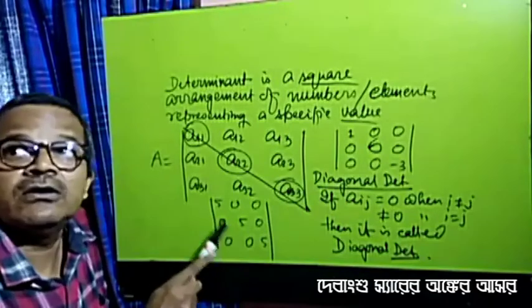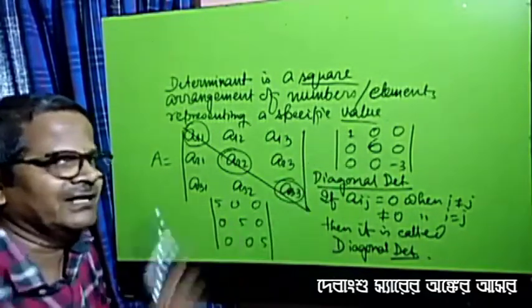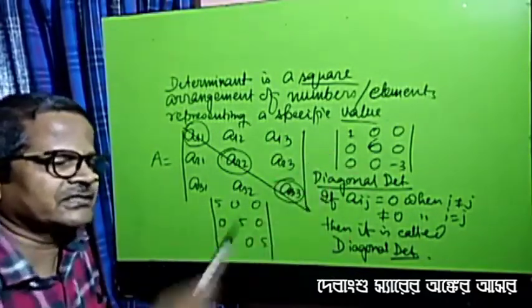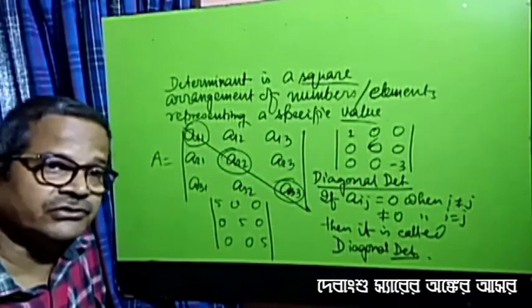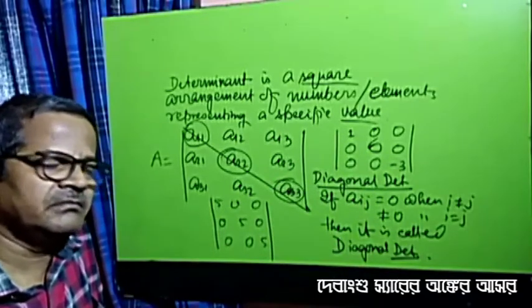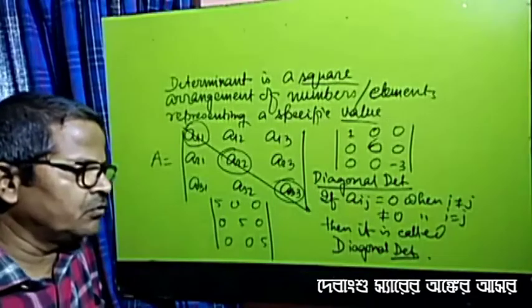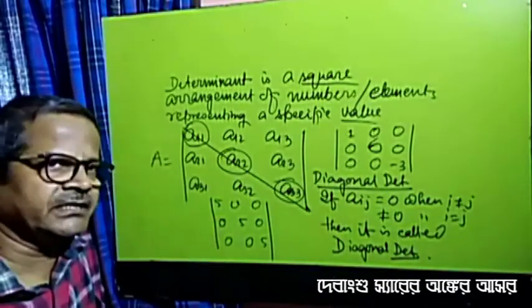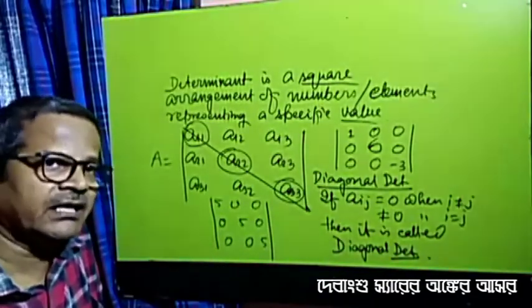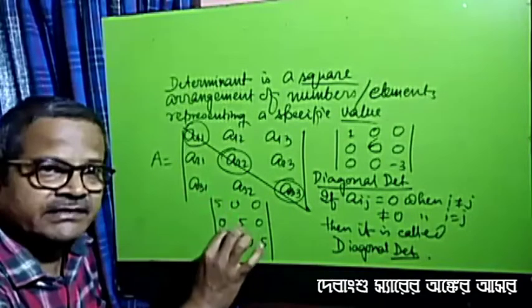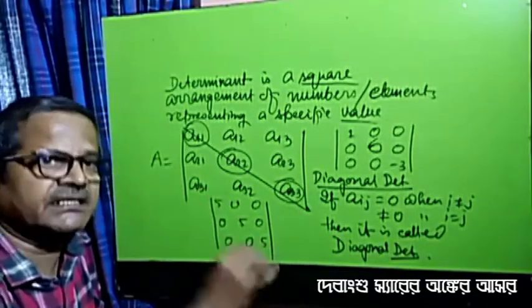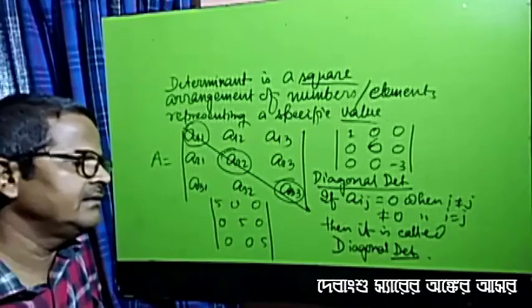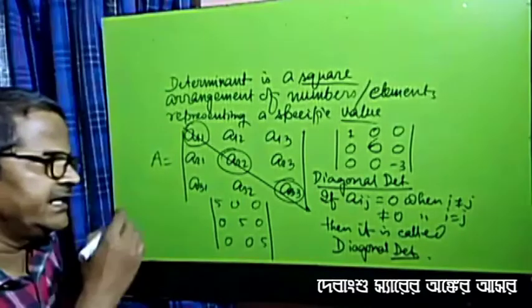In this case, all the diagonal elements are equal. In the other case, all the diagonals are non-zero, but maybe unequal. So when the diagonal elements of a diagonal determinant are non-zero and equal, it is called a scalar determinant.